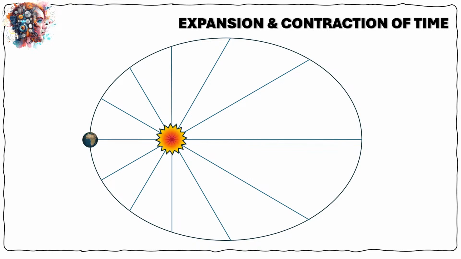Okay, now let's move ahead. Let's say that the earth moves around the sun in 365.25 days. That is what we know very well.